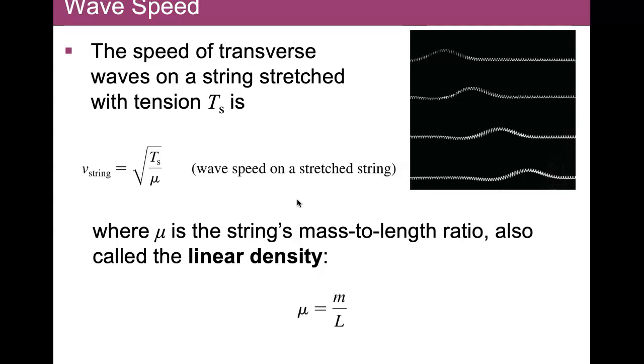And as you see, the higher the tension, it makes sense, the forces are larger somehow, you expect the pulse to travel faster. And the higher the amount of mass per unit length, the linear mass density, you have more inertia, so you expect that to slow things down. All right.